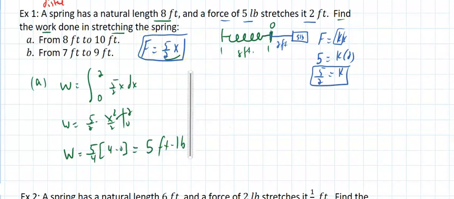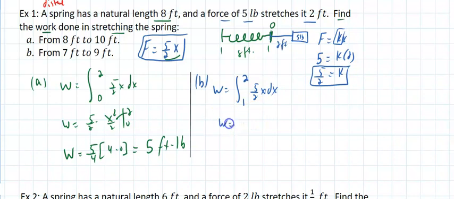B, how about if I wanted to move it from 7 to 9? Well, since the natural length is 8, 7 is really 1 foot inward, and 9 is 1 foot outward. So I've got from 7 to 9, that's 1 to 2. Again, whether you compress it or stretch it, it's the same deal. And we already know the stiffness of this system, and that's basically it.